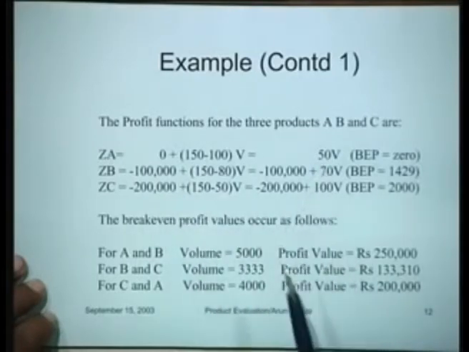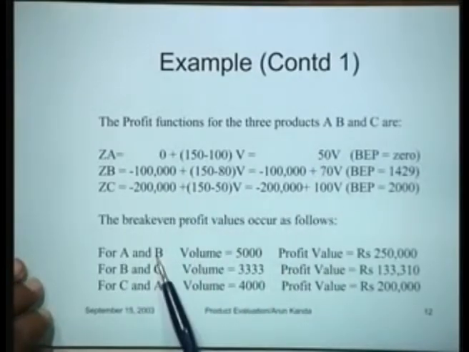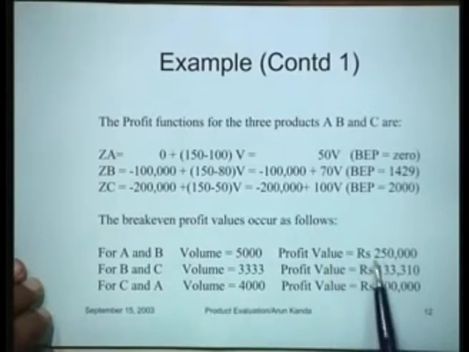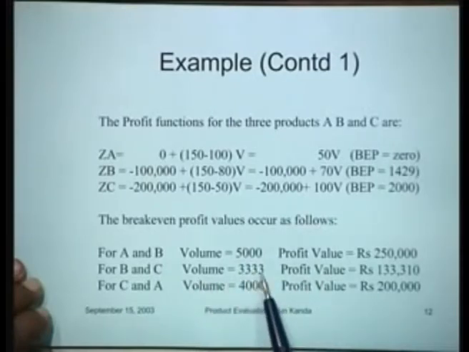So we equate the profit functions, and we find that for A and B, at a profit value of 2,50,000 rupees, the volume is 5,000. For a volume of 3,333, the profit value is 133,310. And for C and A, the break even will be volume of 4,000 and a profit value of 2 lakhs of rupees, as shown here.